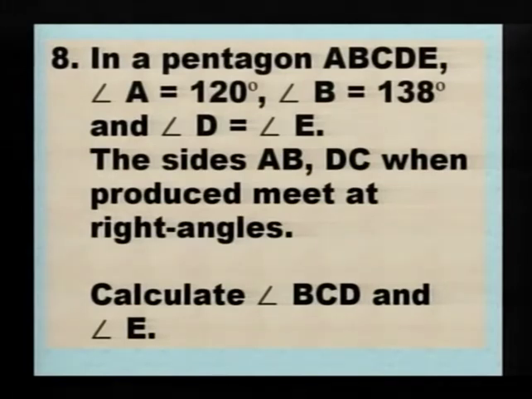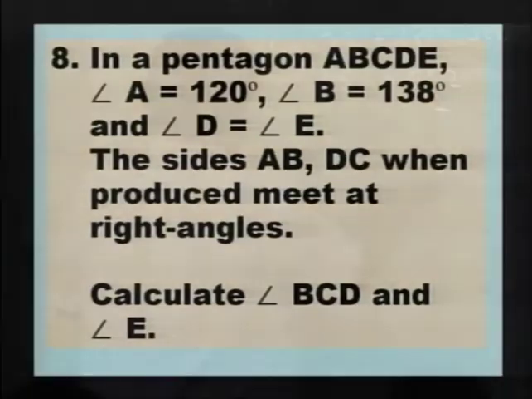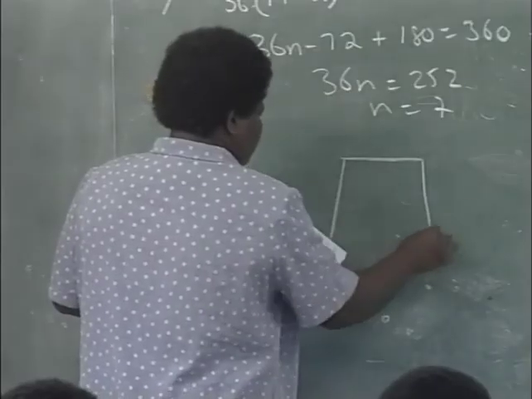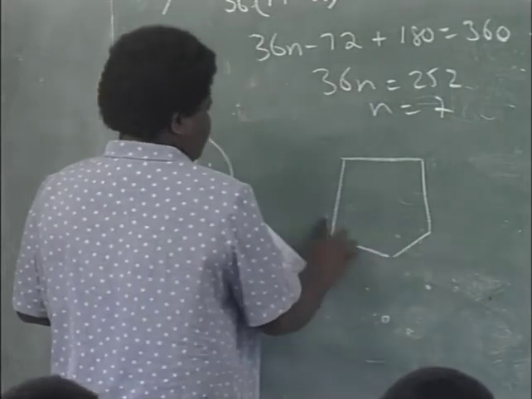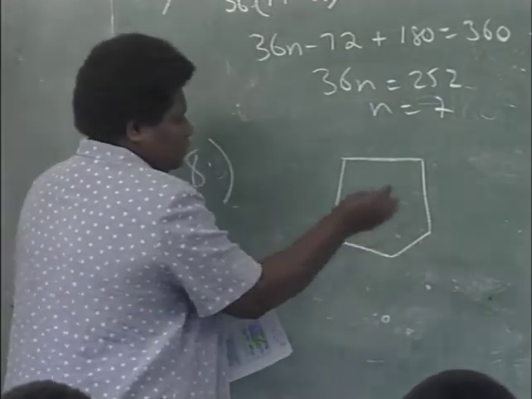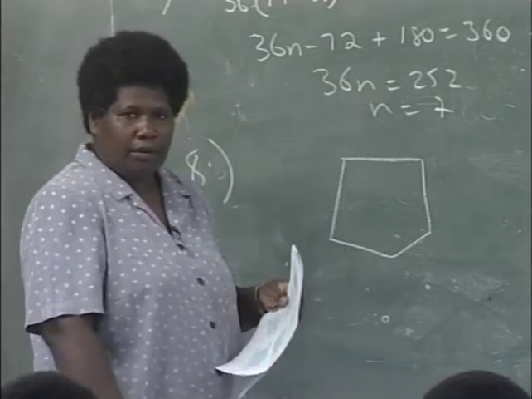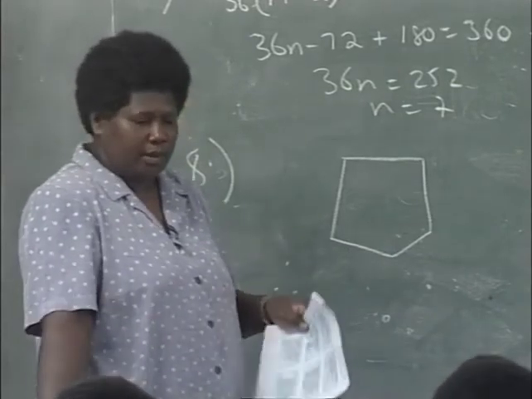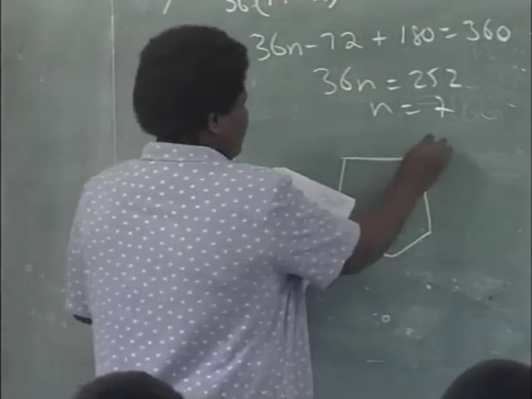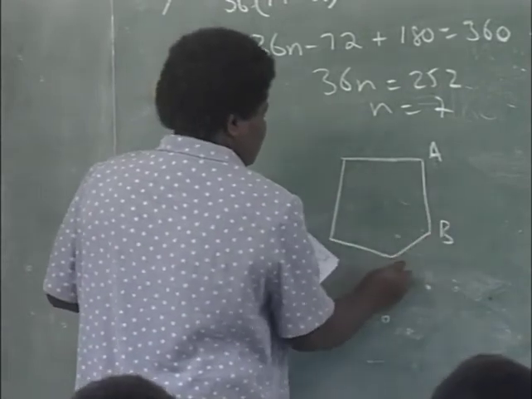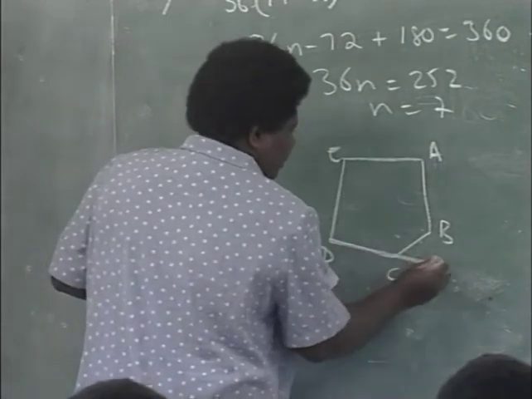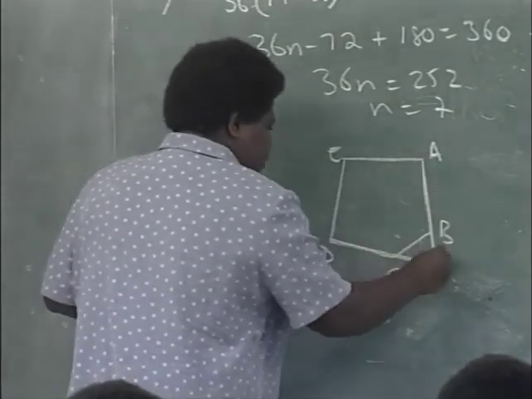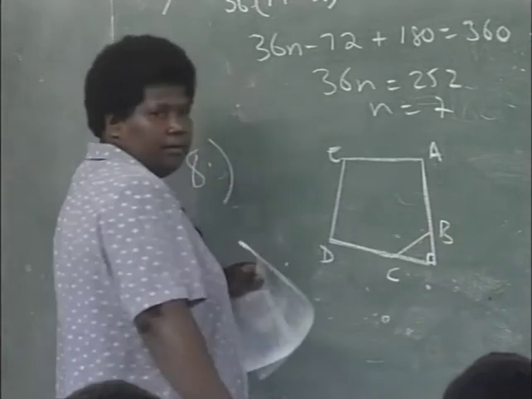If I can just draw the 1, 2, 3, 4, 5. Okay, the pentagon is not a regular pentagon. So some angles are bigger than others. So if I can make this A, B, C, D, and E. DC and AB are produced to meet at right angles.